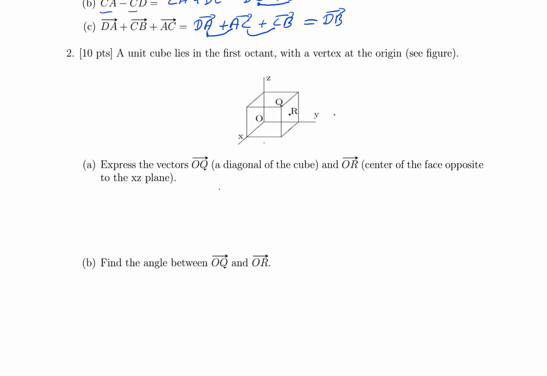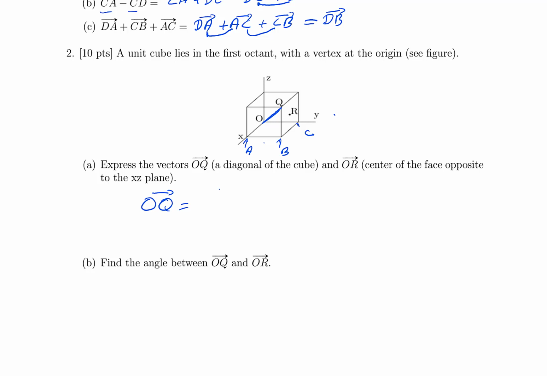Next, second one. A unit cube lies in the first octant with a vertex at the origin. Let me first name these: this is A, this one is B, this one is C. First, let me explain this. What is OQ? OQ vector is the diagonal of the cube.